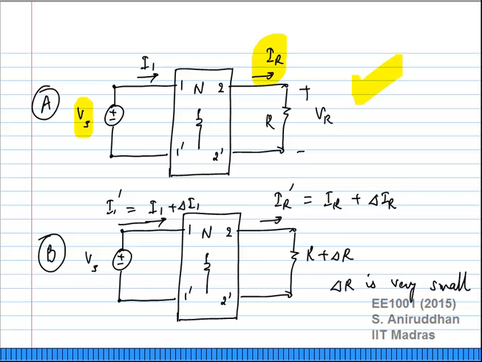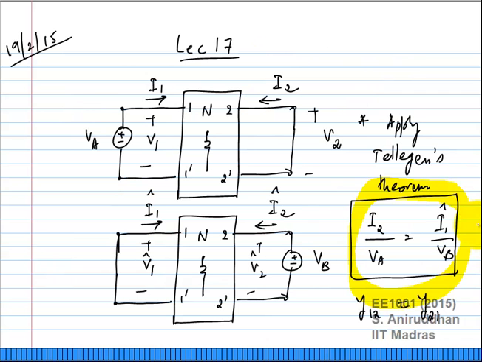I'll give you a simple example, the connection between these two cases. Suppose the original reciprocity theorem was in the case where you are taking port 2 and looking at the short circuit current.